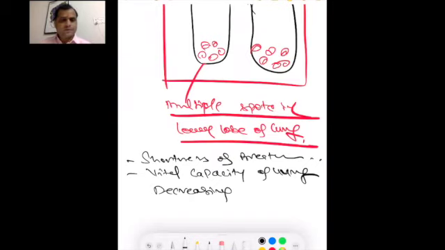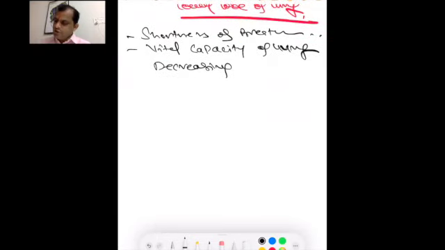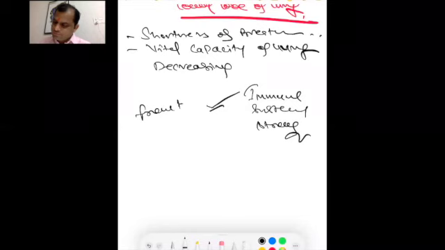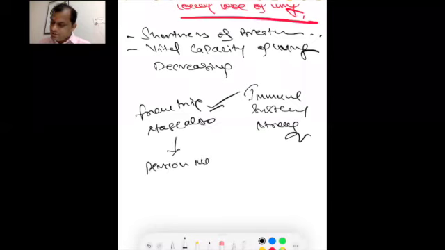Now again, if our immune system is strong, then from this stage also the person may go back to normal condition.